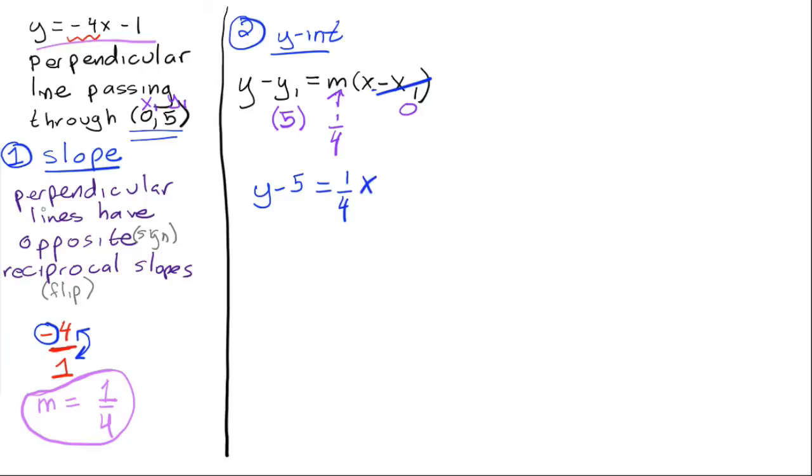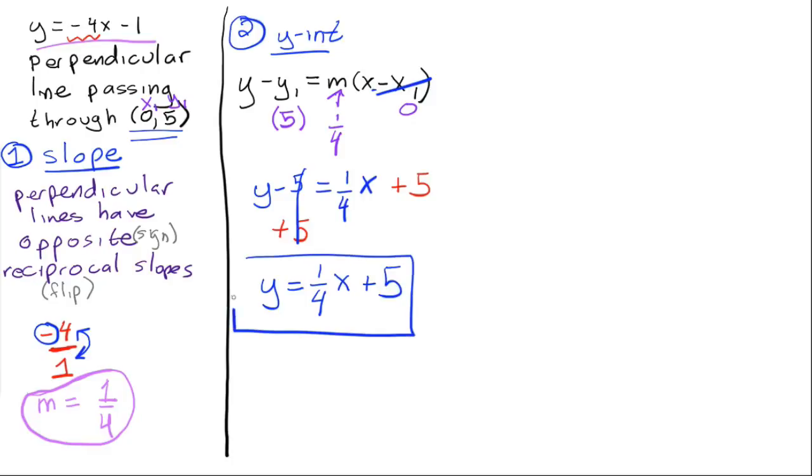And then the very last step is to simply add 5 to both sides. And that leaves us with the equation y equals 1/4 x plus 5. And that's our equation. So here the slope is 1/4, the y-intercept is +5.